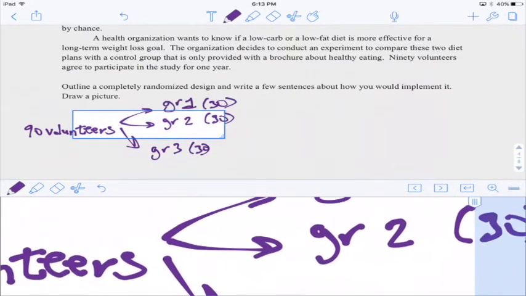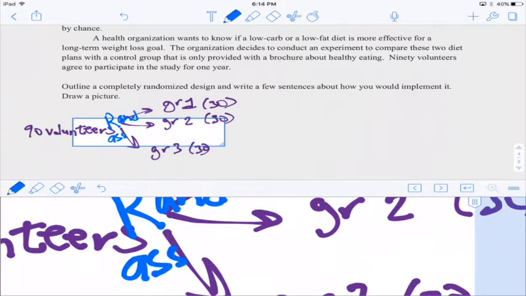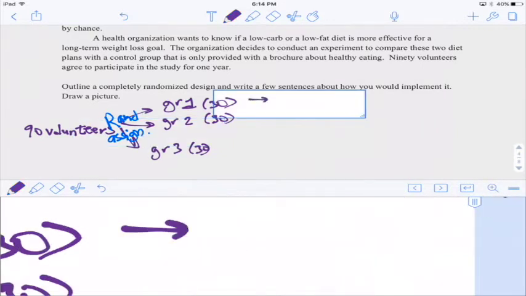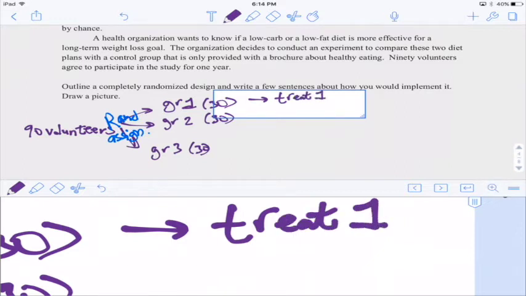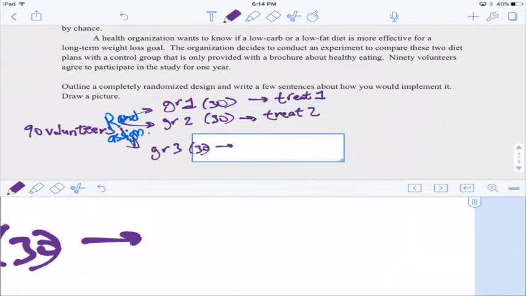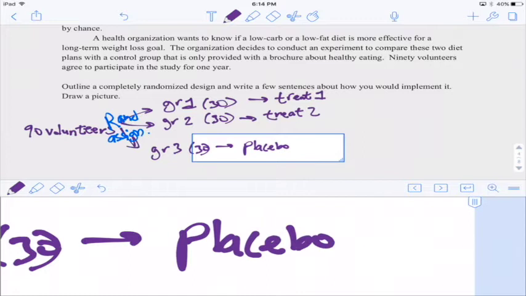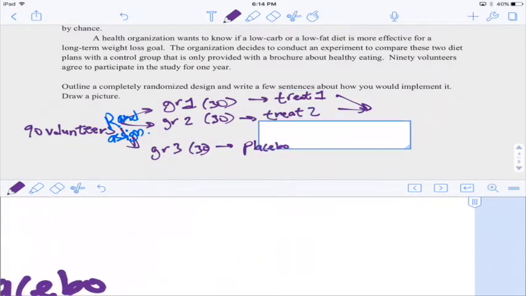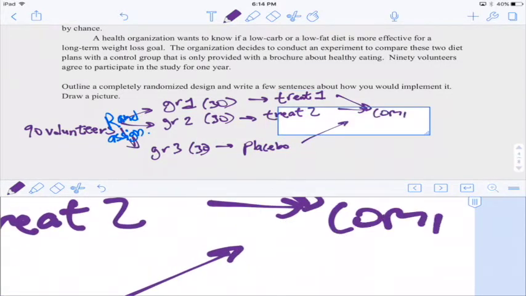What I forgot to mention is we need our random assignment into those groups. Group 1 will get treatment 1. Group 2 will get treatment 2. And group 3 will get the placebo. And then we'll compare our results.